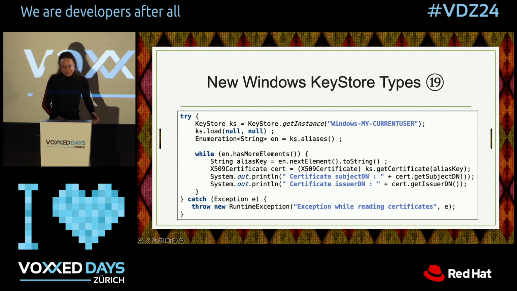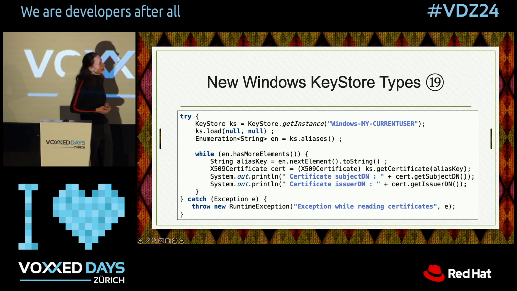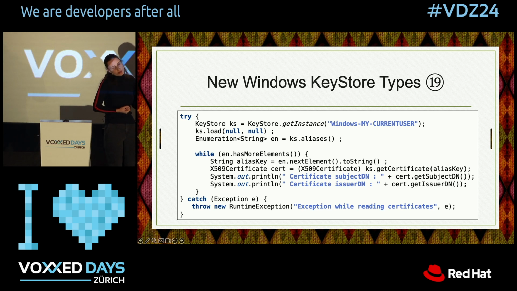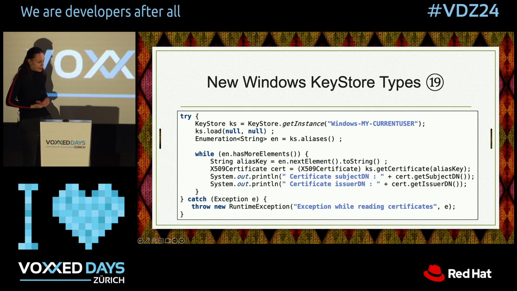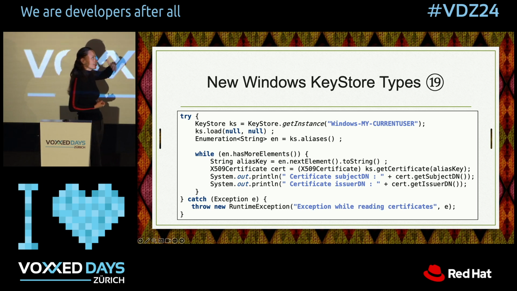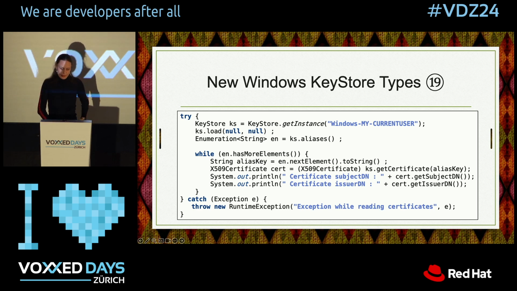If you're running this code after JDK 19 with Windows-MY-LOCALMACHINE or Windows-ROOT-LOCALMACHINE, you're going to have access to your certificates on the local machine, not just for your current user. If you want your current user, you can use Windows-MY-CURRENTUSER or Windows-ROOT-CURRENTUSER additionally. So these new key store types give you more granular access to the Windows certificates and keys.